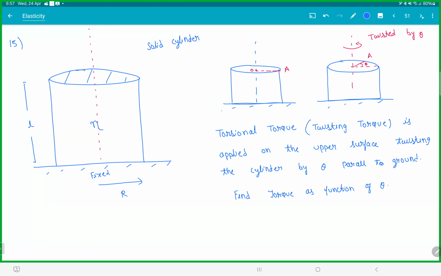What if it is a hollow cylinder with inner radius R1 and outer radius R2? Then the limits will be from R1 to R2 instead of 0 to R. What if you have a cylinder like this and you have a big cylinder like this? This one has radius R1, this one has radius R2.